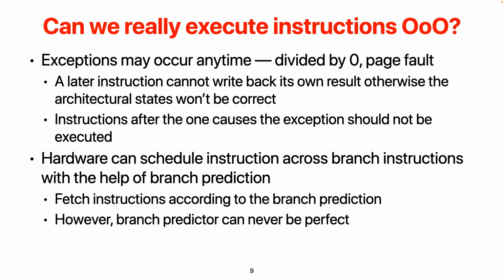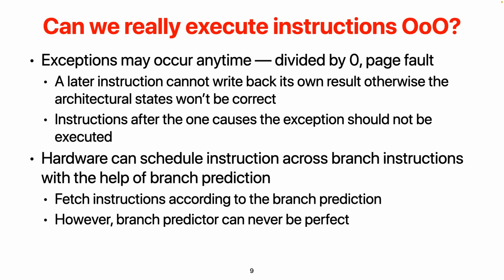So what does that tell you? Although in theory we can schedule instructions out of order and execute them out of order, exceptions occur all the time, and branch prediction may be wrong at any time. So you cannot make those results available to the user program unless you are 100% certain that this instruction is going to be done, and all the prior instructions are executed without an exception.